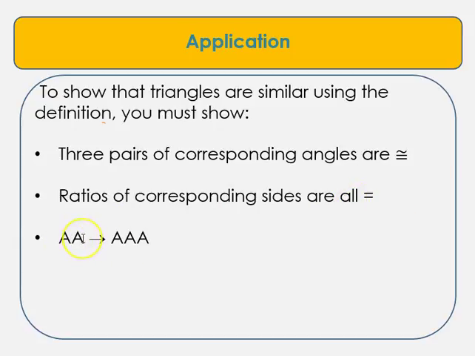You can use postulate AA, where we know that if we have 2 angles of corresponding polygons that are congruent, then we know that all 3 will be congruent. So even though we've been looking at 3 pairs being congruent with the angles, we can actually get away with 2 pairs.